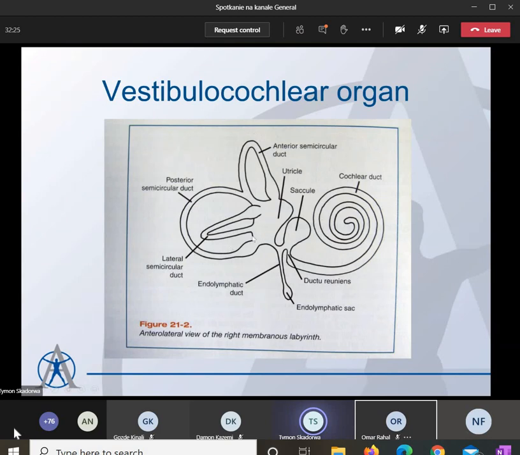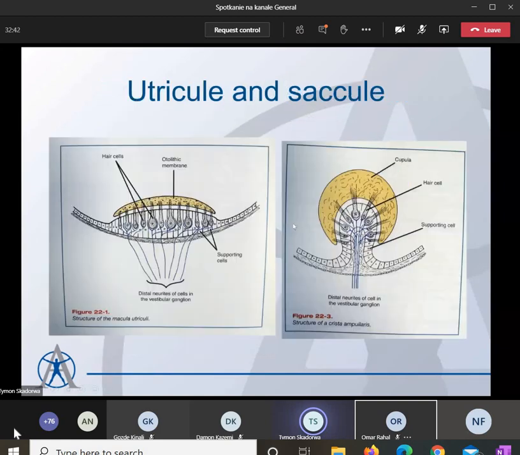We have this weird organization, but they represent three planes, more or less. We also have the utricule, which is the enlargement of the vestibule, and the saccule, small pouches of the vestibule. The utricule and saccule contain the receptor zone.